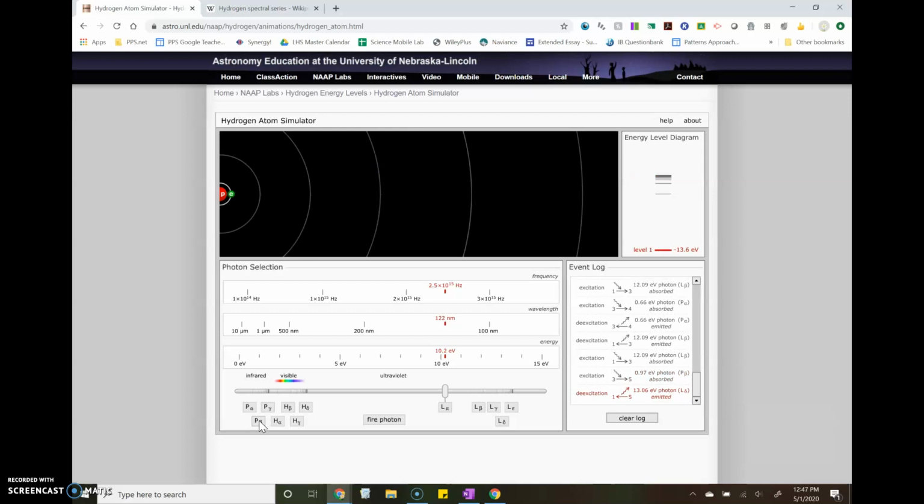And then its path down isn't always the same any 2 times that it's done. So these P buttons, the series that excites the electron from n equals 3 up to any other, that's called the Paschen series, P-A-S-C-H-E-N, and it excites from n equals 3.